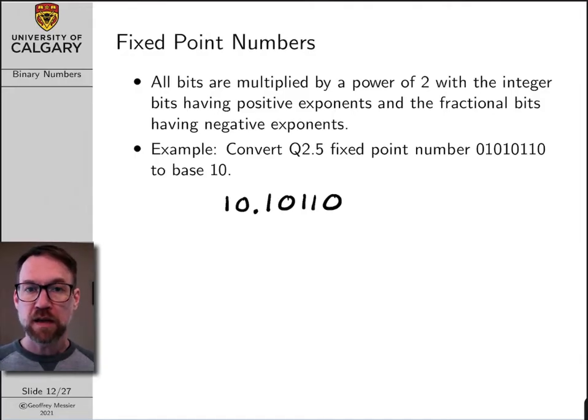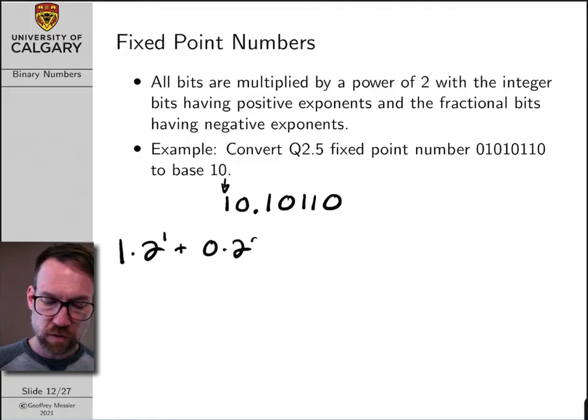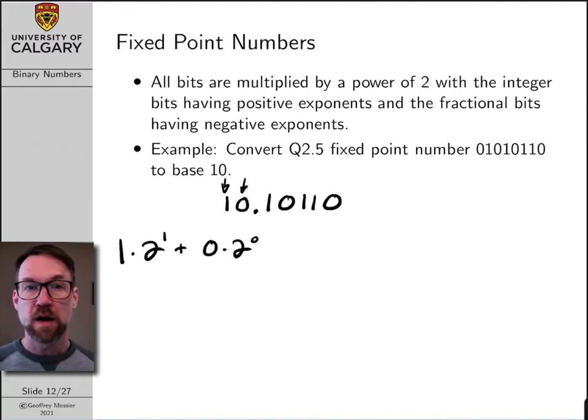The base 10 value of this fixed point number is 1 times 2 to the 1, plus 0 times 2 to the 0. So far so good. This is just like regular old integer binary numbers.